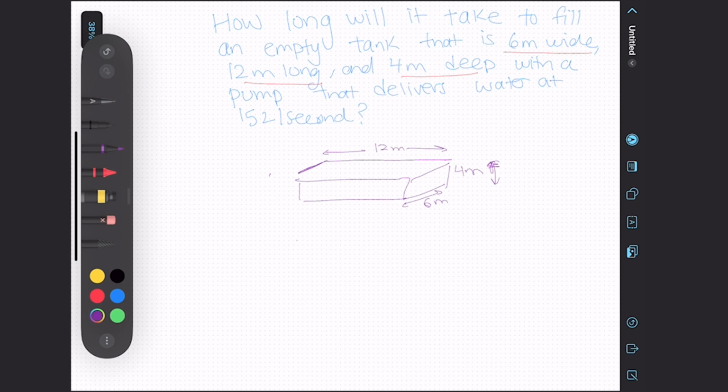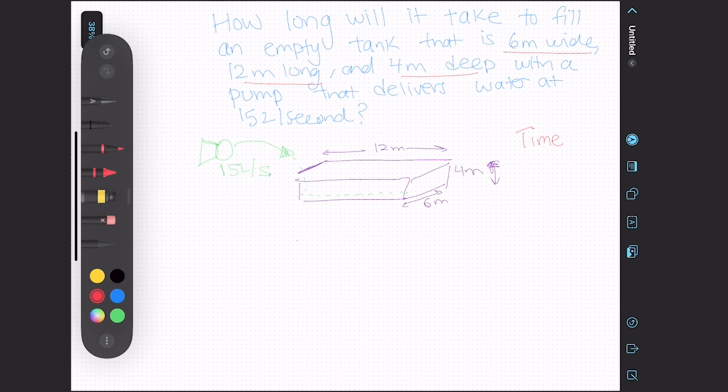And we're also told that a pump is delivering, so symbol for a pump, at 15 liters per second. And it's filling it with water, and it's asking for how much time.